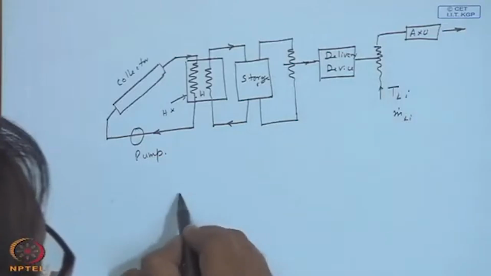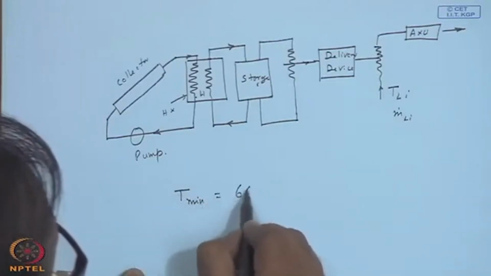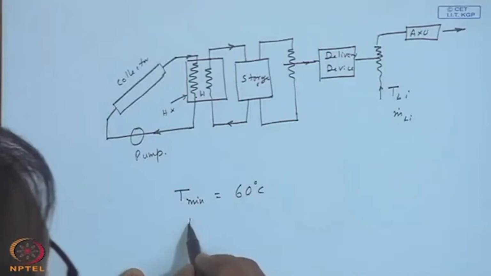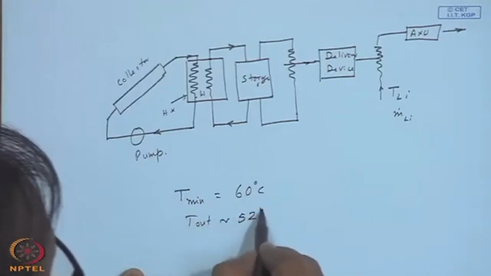Suppose you want T minimum at 60, but my T out is 52.